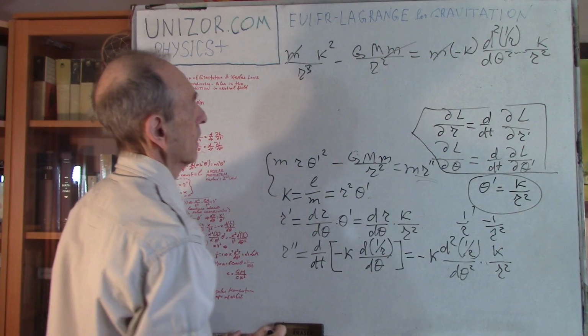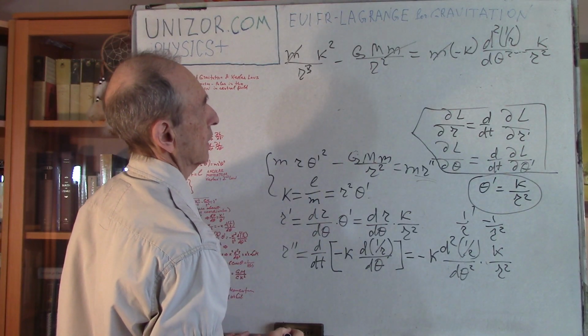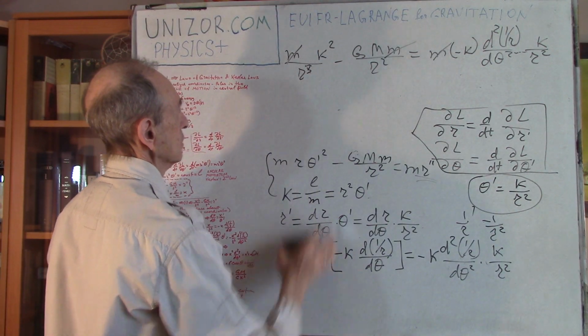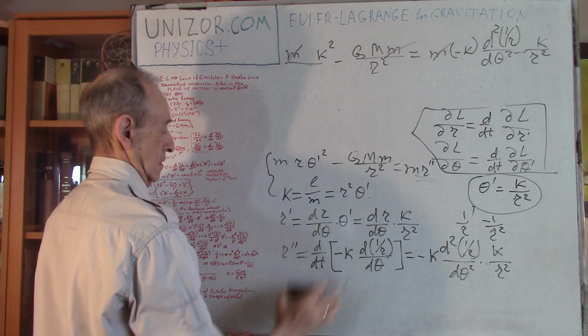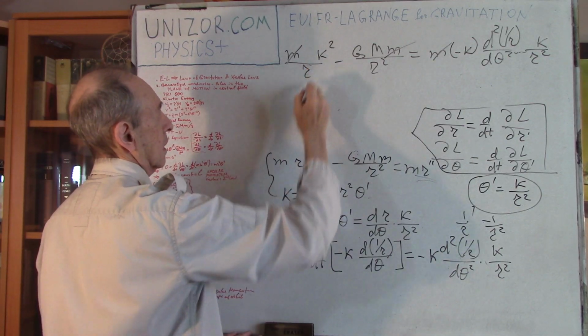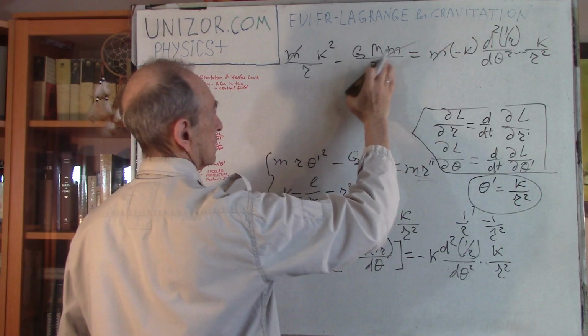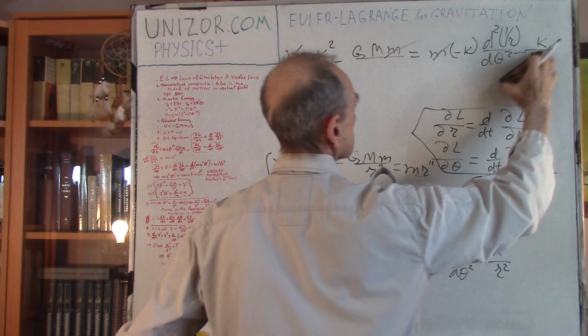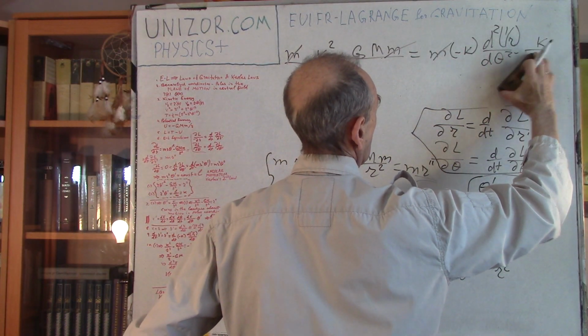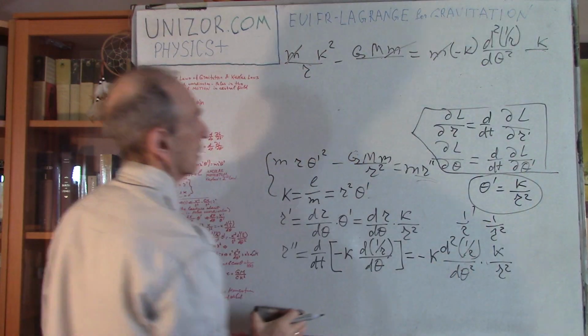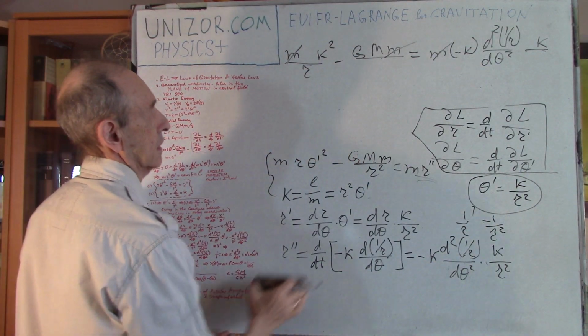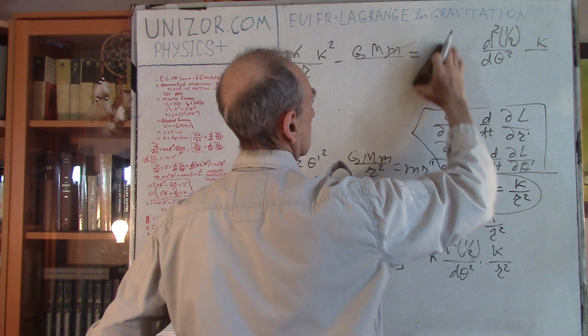Okay. Now we can multiply everything by r square, so we'll have only r here and nothing here and nothing here. Now minus k would be k square.